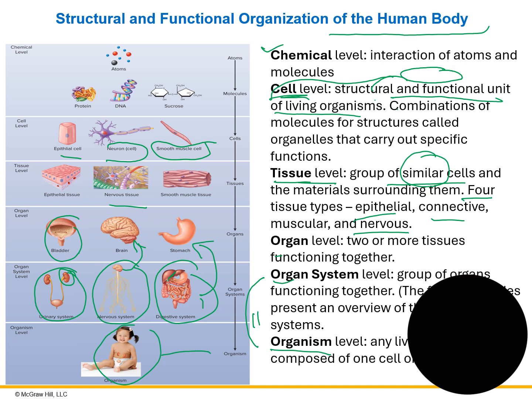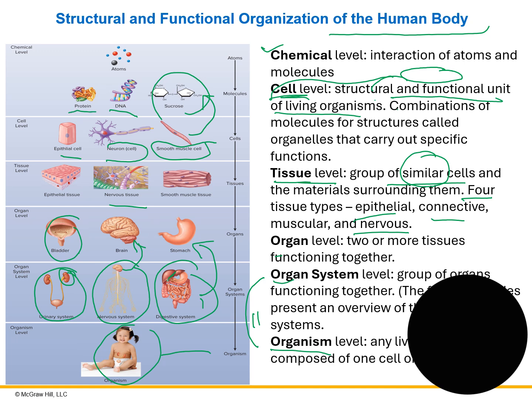Then now we break down these cells. You're going to get atoms and molecules, some of those structures you're going to study in detail. DNA, then macromolecules, sucrose or fructose and things, then proteins.